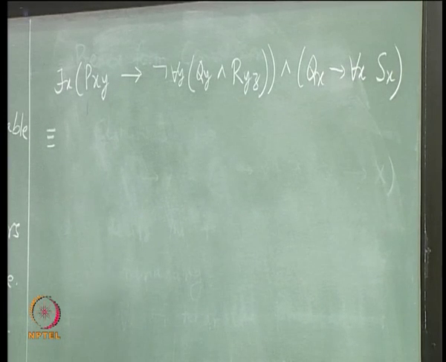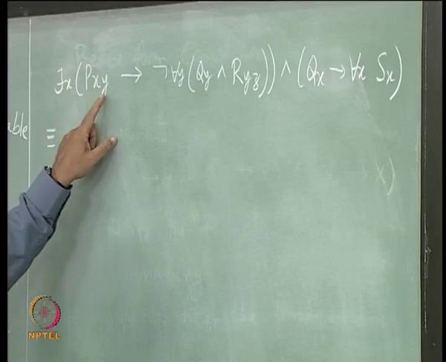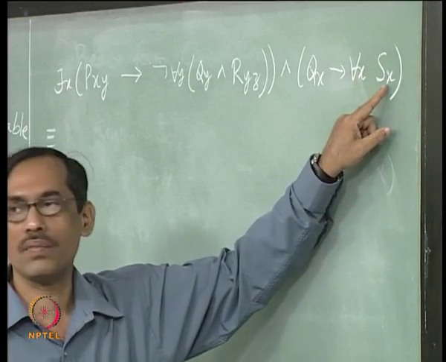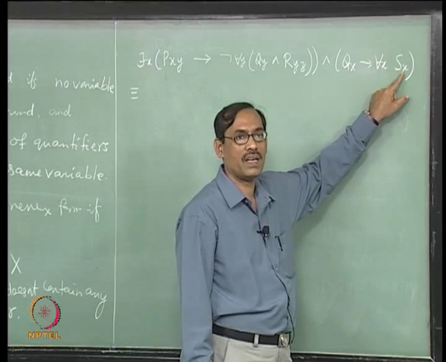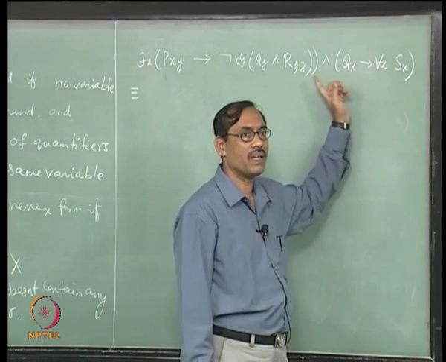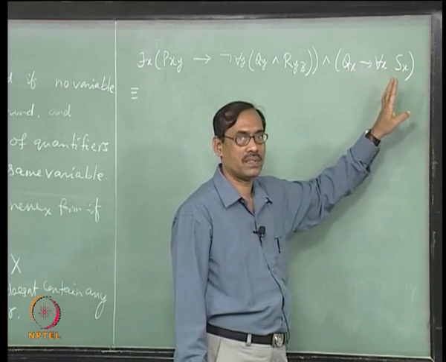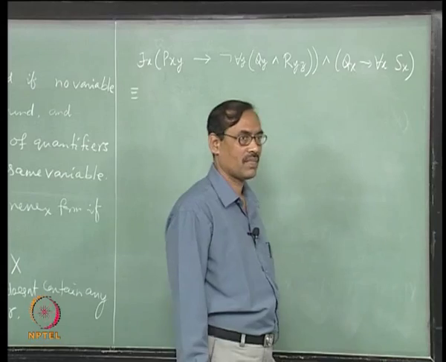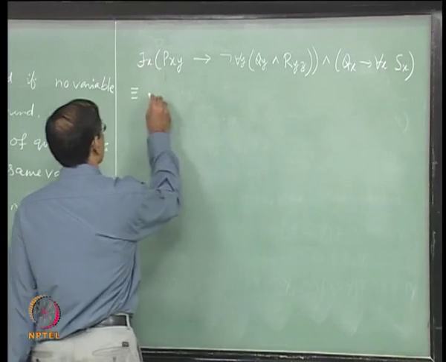Now, for x you have a bound occurrence here, you have another subformula where also it is bound, so we will be using two different variables to rename it, and y also should be renamed. We need three renamings.